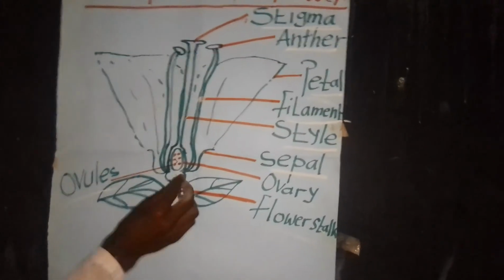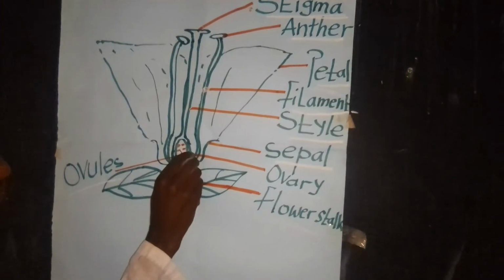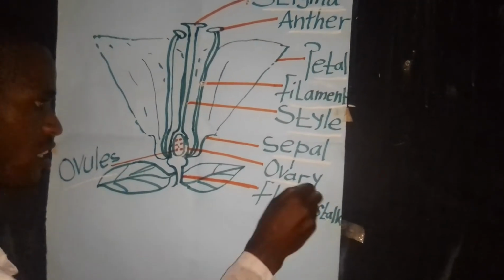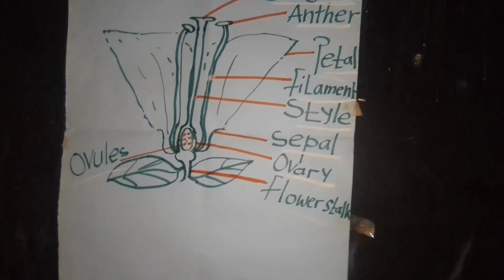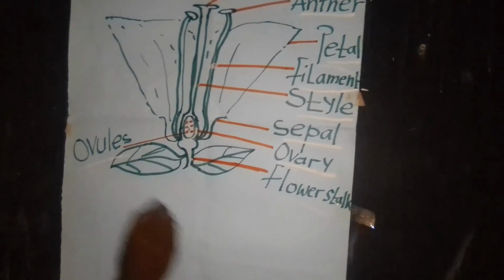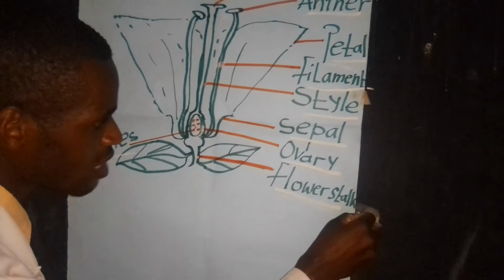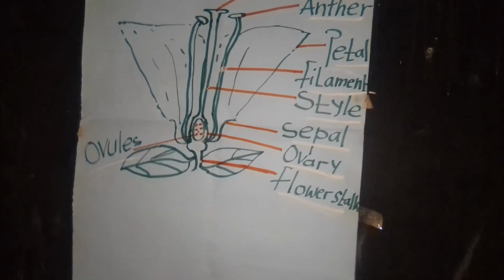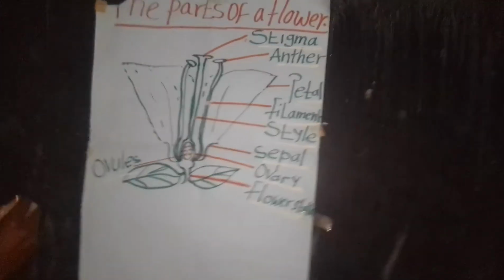This part, this one, is called ovary. This part is called flower stalk. And then the last part, which is very, very important, is ovules.